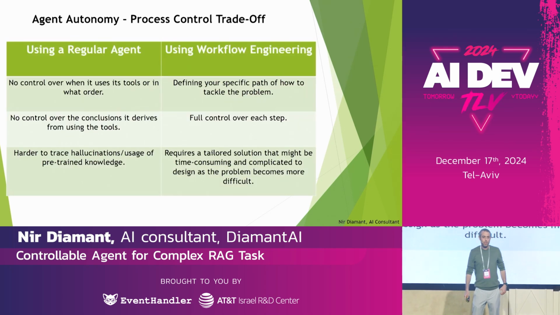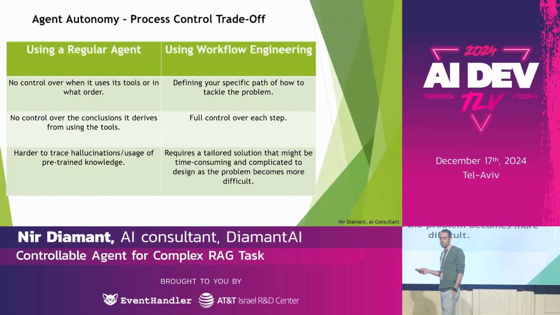And the trade-off is described in this table. Using a regular agent, we have no control over when it uses its tools or in what order. We have no control over the conclusions it derives from using the tools, and it's very hard to trace hallucinations that happen during the agent's process.